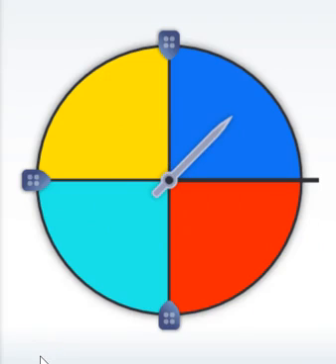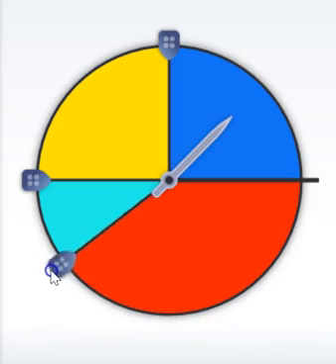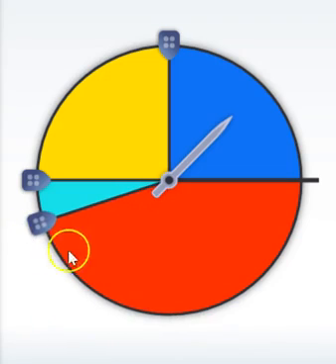Well, you're probably thinking, but Mr. Engel, there's more terms than just equally likely. Well, yeah, take a look here. If I adjust the spinner here, it's more likely that I spin a red, and least likely that I spin a cyan or light blue. Let's take a look.